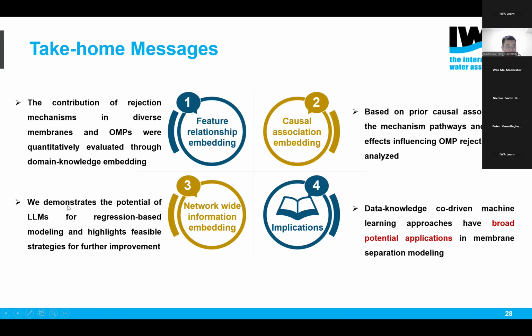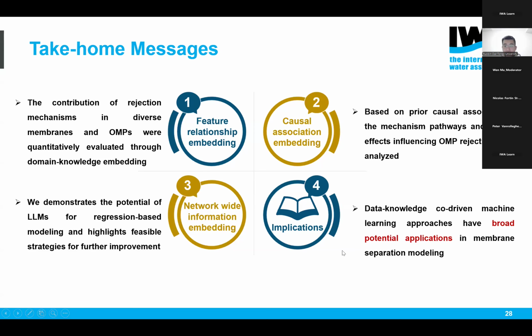And also for the large language models, we are still doing some work. After fine-tuning, we can largely improve the large language models' performance. But in this study, we report that the large language models still have a long way to go for such a regression-based modeling process.